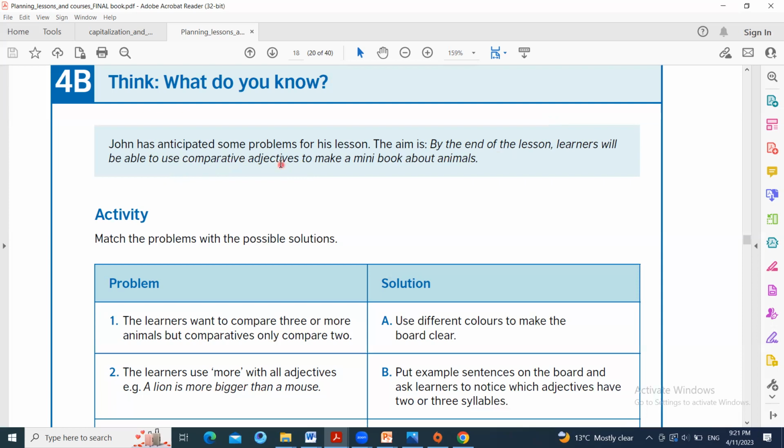You know, comparative adjectives, when we add -er to the adjectives of one syllable, or even the adjectives of 2 syllables, with what?